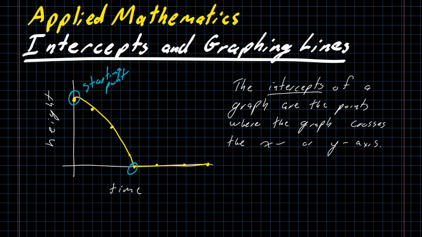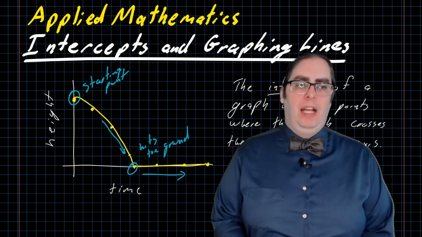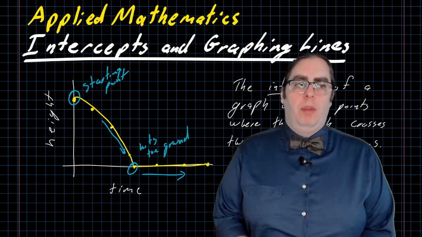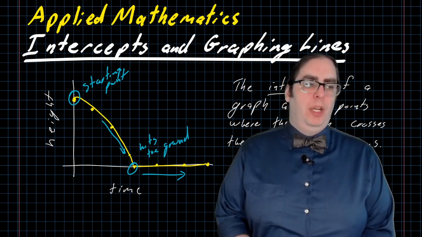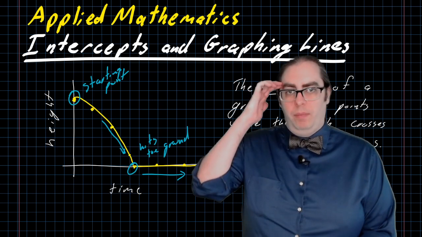Then the x-intercept. That's the point where the behavior changed. The ball is no longer falling, it's now rolling along a level surface. So if I'm looking at an artificial hill, right, a plank of wood that I held up, this is where the ball ended up off of the plank of wood and is now rolling across the table.